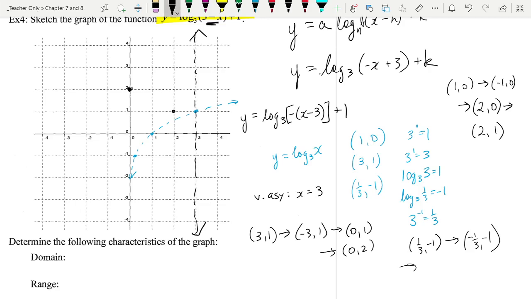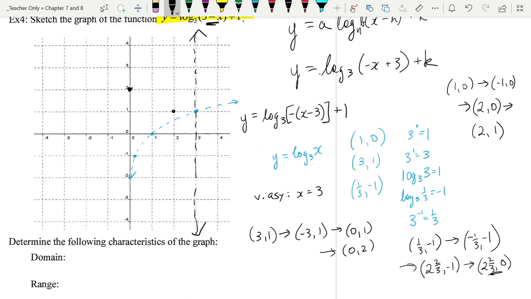So if I'm at negative 1/3 and I go 3 units to the right, I'm at positive 2 2/3. Let me just make sure I got that right. Yes, adding 3 to negative 1/3 is 2 2/3. Then I am going to move 1 unit up.